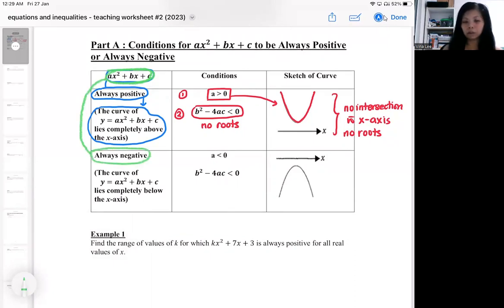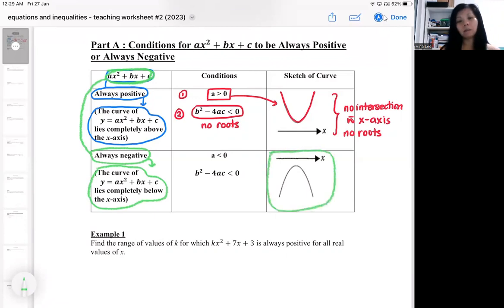When a quadratic function is always negative, the meaning is the graph is entirely below the x-axis. This is how it looks. So when a quadratic function is always negative, the real implication is the graph is entirely below the x-axis.